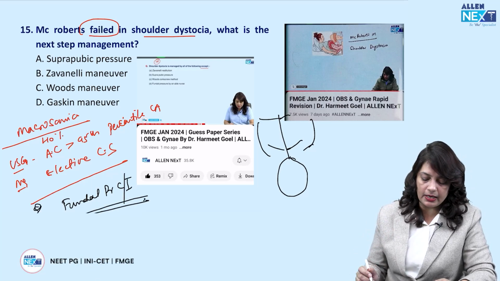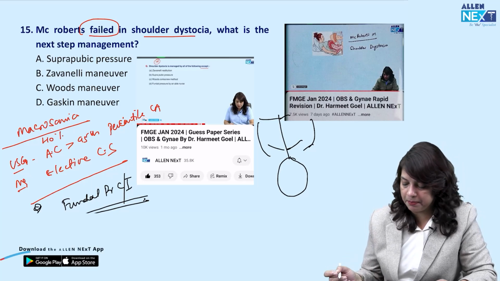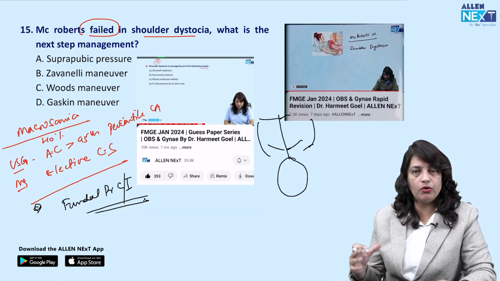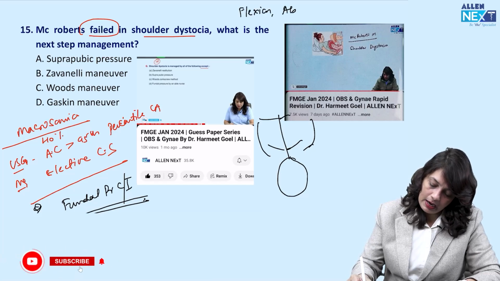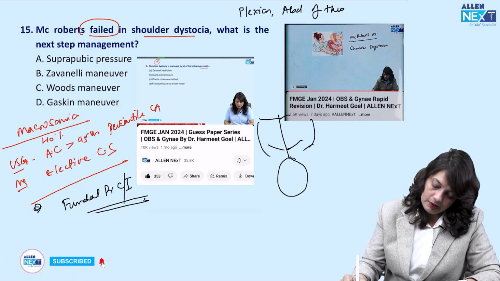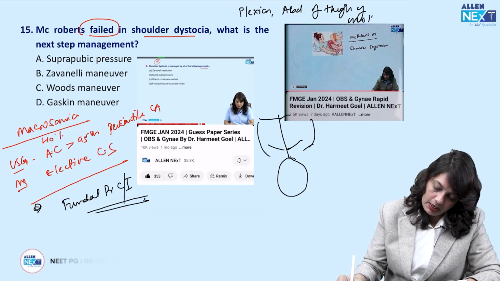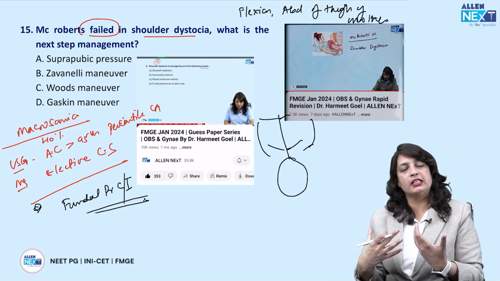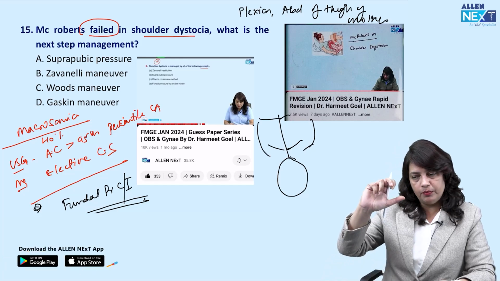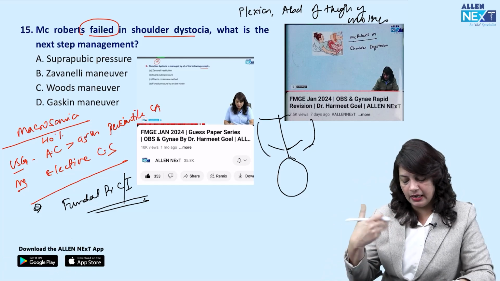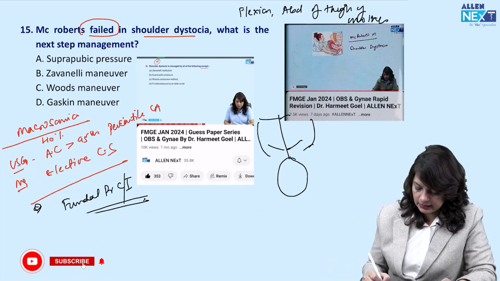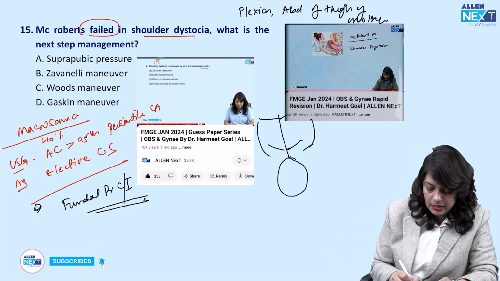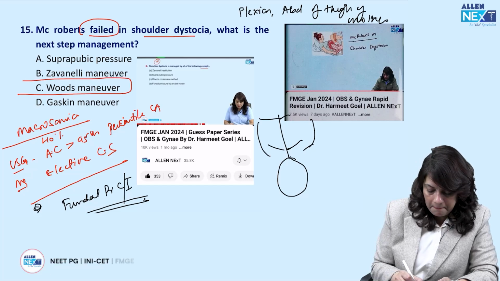Next, we can apply suprapubic pressure and we can perform the McRoberts maneuver, where there is flexion and abduction of the thighs of the mother in order to increase the space so that the shoulders can be extracted and delivery can be conducted. If the McRoberts maneuver failed, then the next maneuver is the Woods corkscrew maneuver.